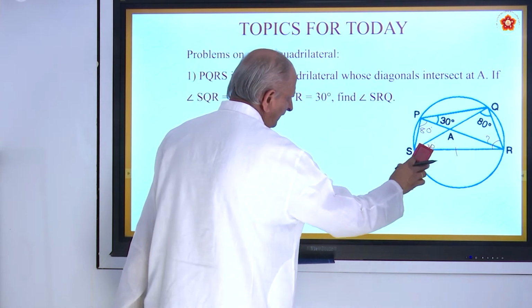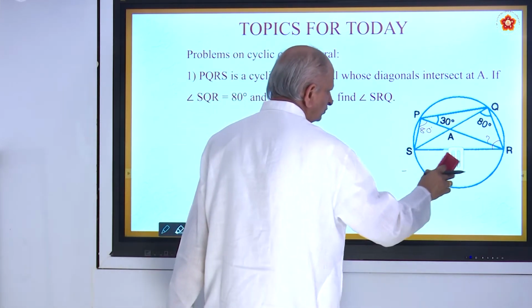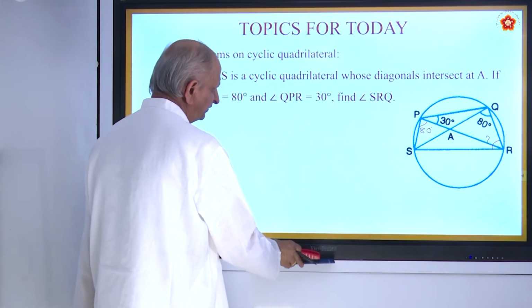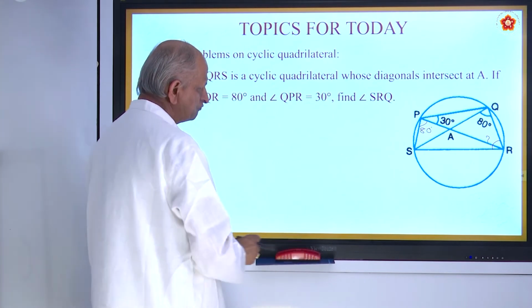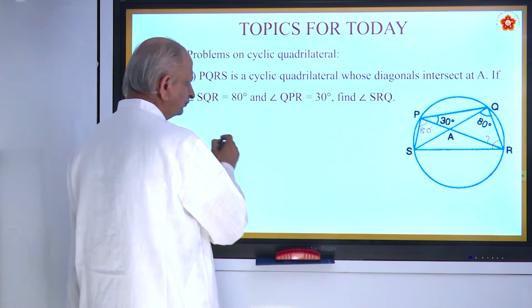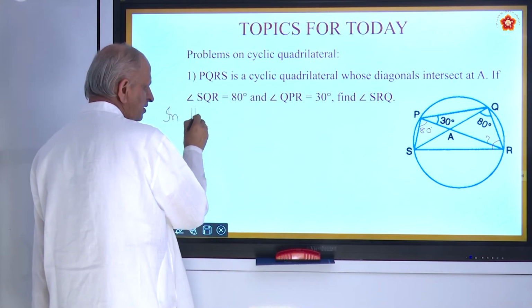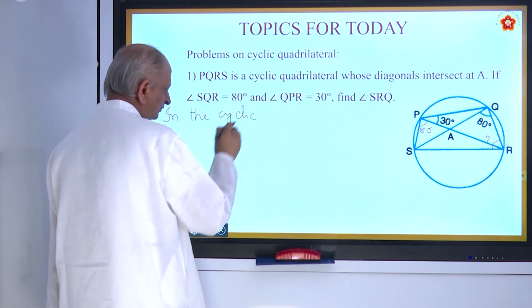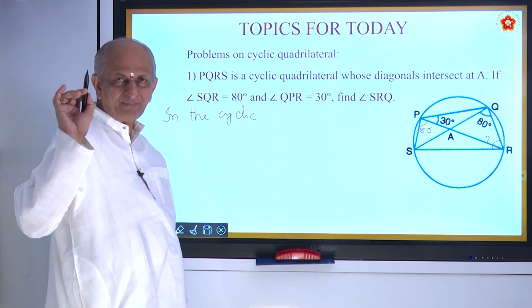So shall we do that? We'll go step by step now. First step: in the cyclic quadrilateral, cyclic means what? The points of the quadrilateral lie on the same circumference.